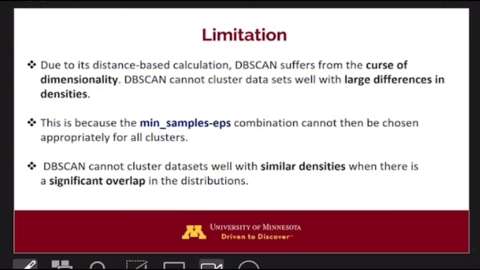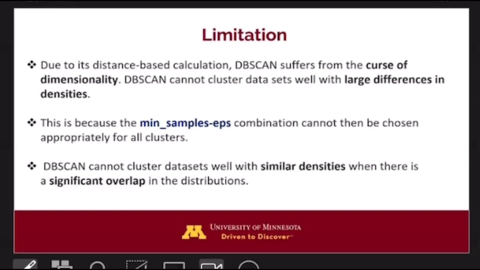Even though the shape of the clusters is going to be arbitrary, the density-based approach will actually struggle with that. Does that make sense? This is because the minimum samples and epsilon combination cannot be chosen appropriately for all clusters in that regard.